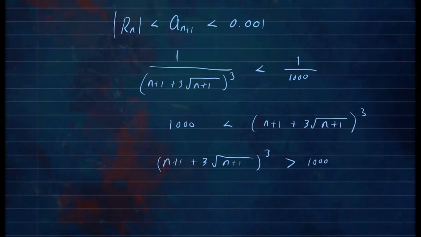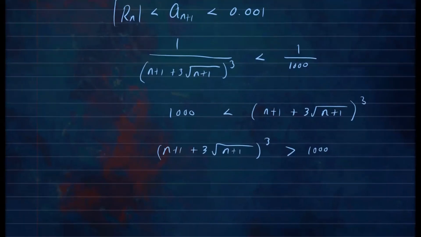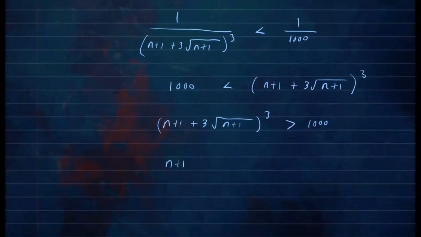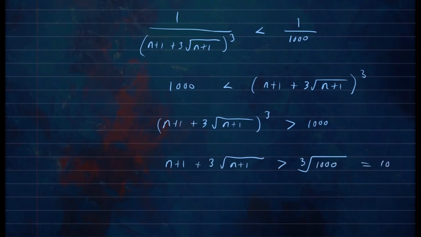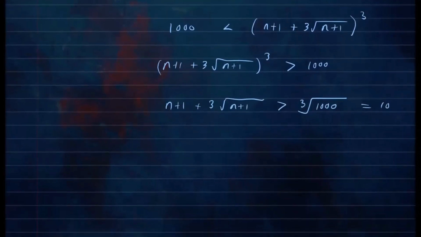And now we're going to go ahead and take the cube root on both sides. So you'll have (n+1) plus 3 times the square root of (n+1) greater than the cube root of 1,000. And we know the cube root of 1,000 is 10. All right, so we want the expression on the left-hand side to be greater than 10.